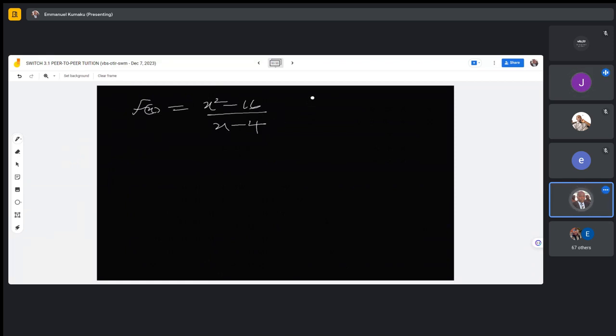So we are finding the vertical asymptote. The first rule for the vertical is to check for a common factor among the numerator and the denominator.